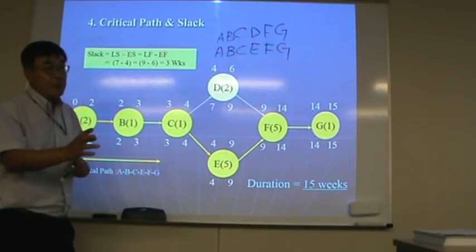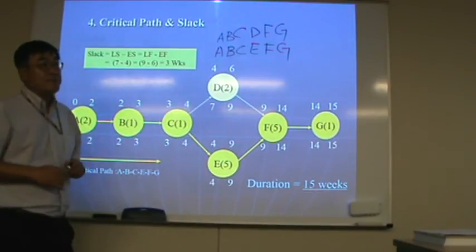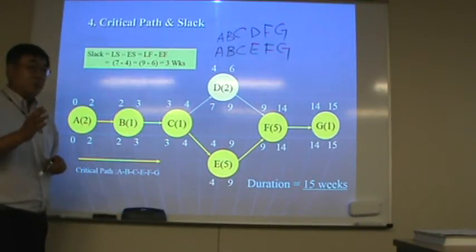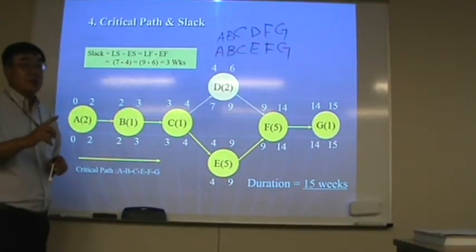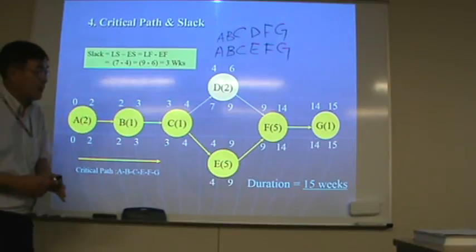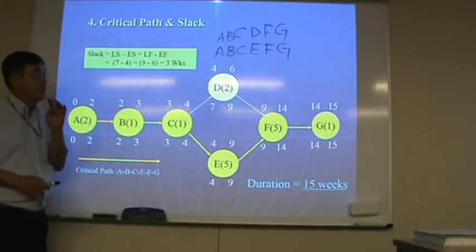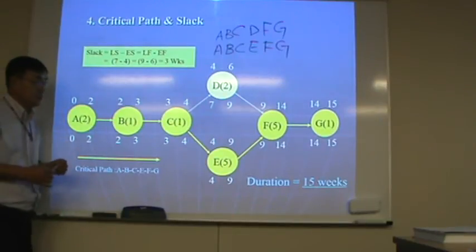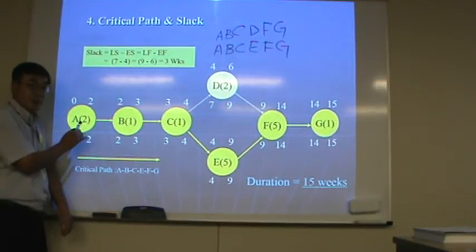Critical path is the longest, right? So number 2: when you determine which one is the critical path or which one is the non-critical path, the first method is this one doesn't have slack.